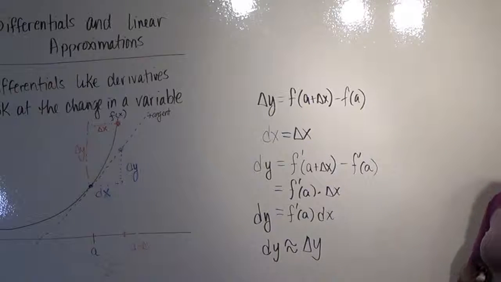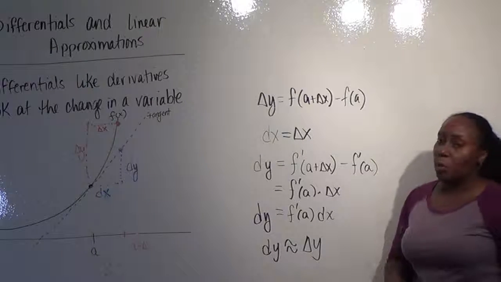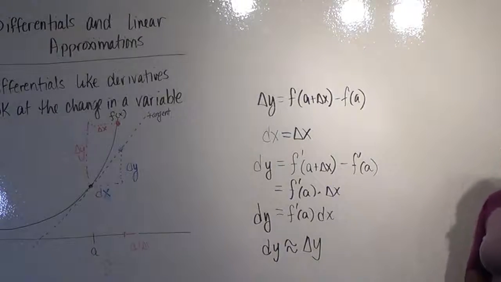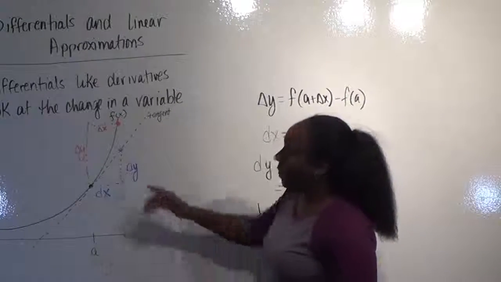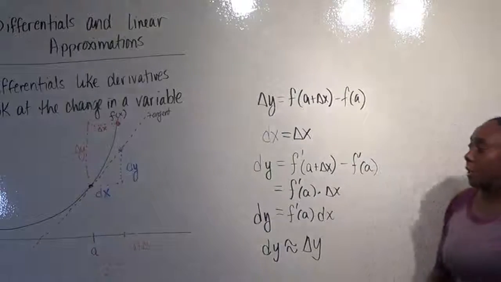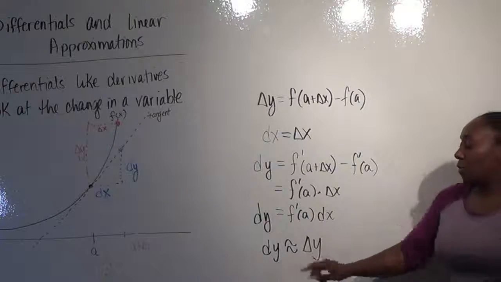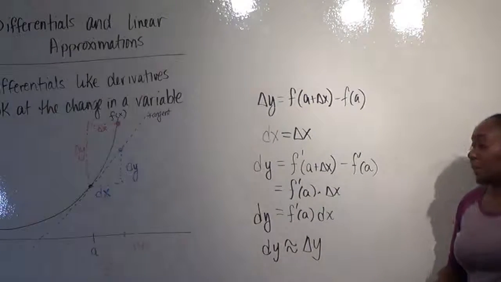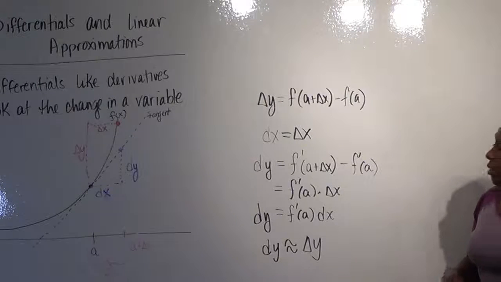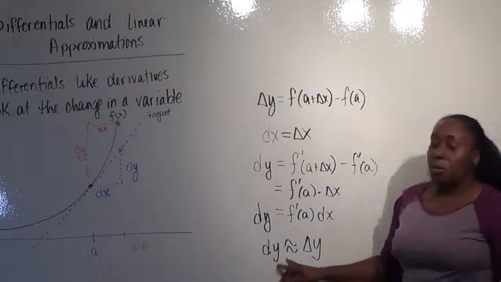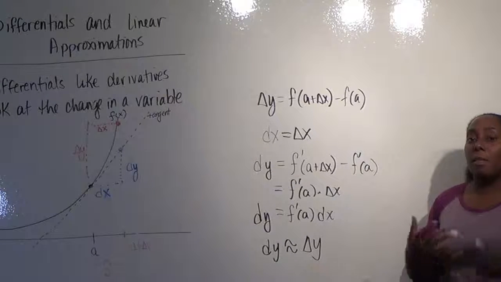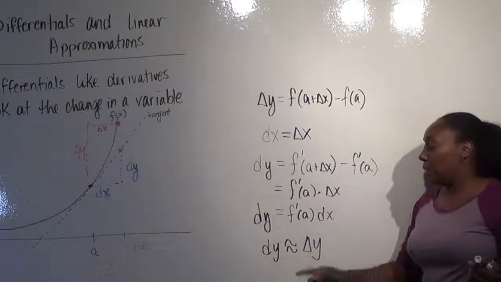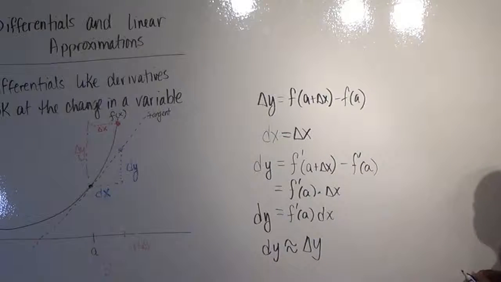If my curve is approximately linear at a particular point, these should be very, very close. But if my curve is actually curved, then my tangent line may differ, and so these two values will be slightly apart. Depending on what your delta x is, these could be close or they could be very far away. Again, the bigger the delta x, the bigger the difference between the dy and the delta y.